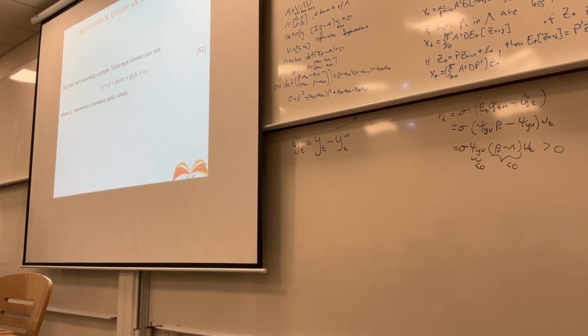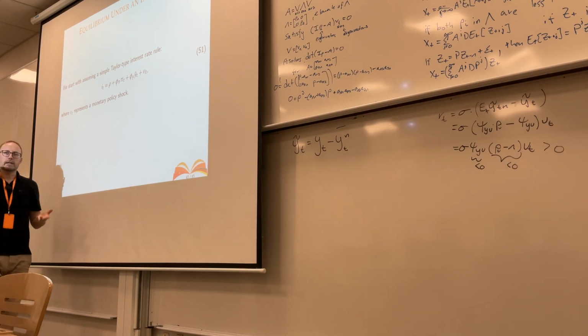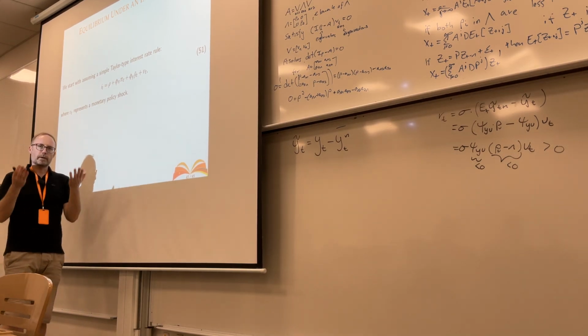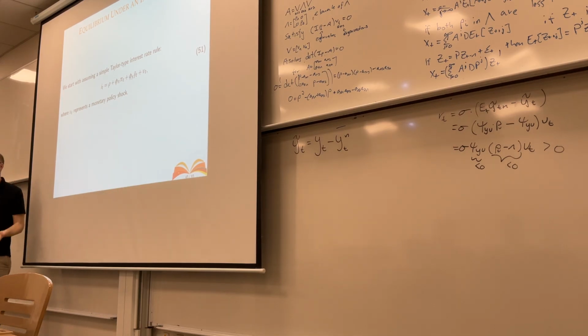Pi and y tilde are going to go down. So look at equation 51 for a second. This goes up, but these two go down, moving in opposite directions. So whether the nominal interest rate in equilibrium actually goes up or down is going to depend on which of these two effects is larger.